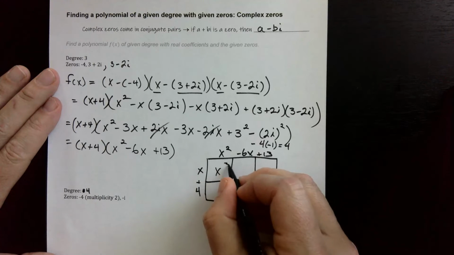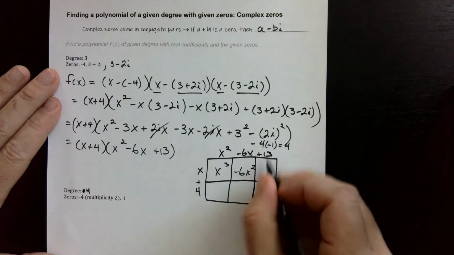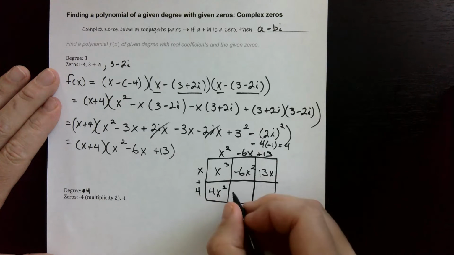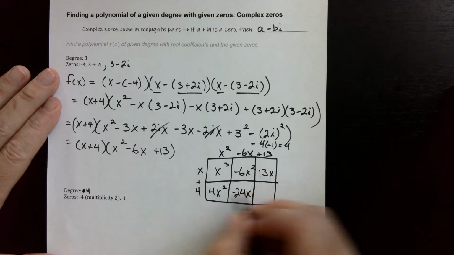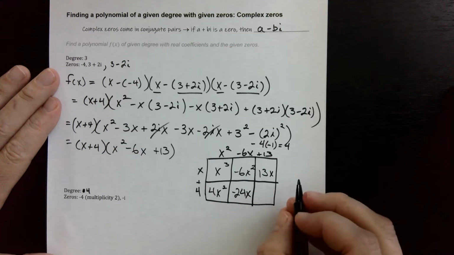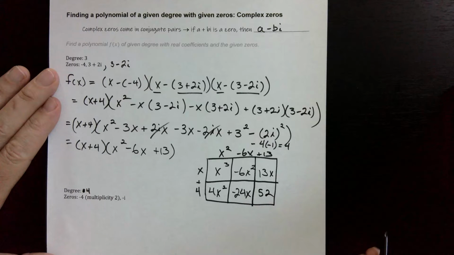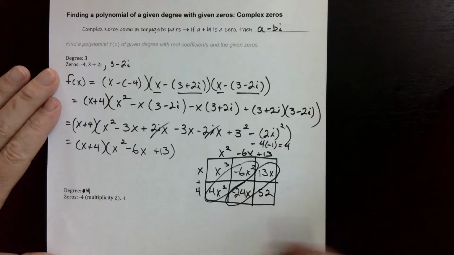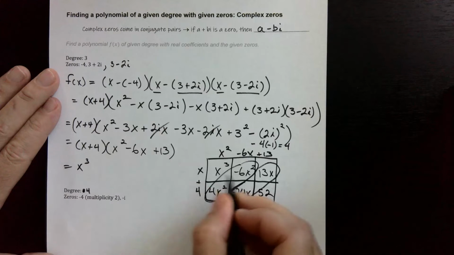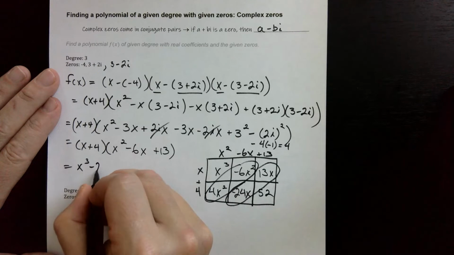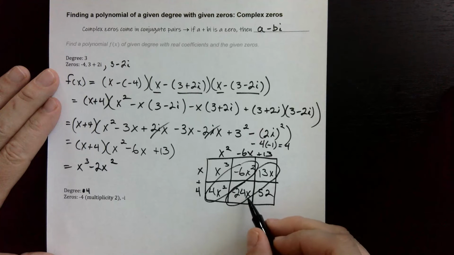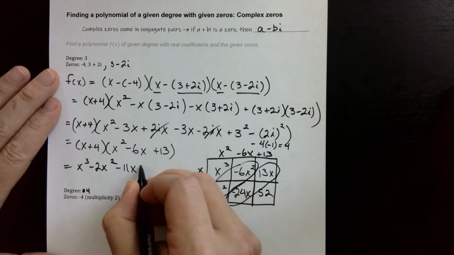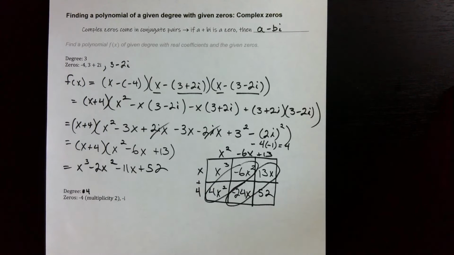We get x cubed, negative 6x squared, 13x, 4x squared, negative 24x, and that would be 52. Then we can combine like terms on these two diagonals. This gives us x cubed from this box. Combine these two, we get negative 2x squared. Combine these two, and we get negative 11x, and then plus 52. So that's the polynomial f of x.